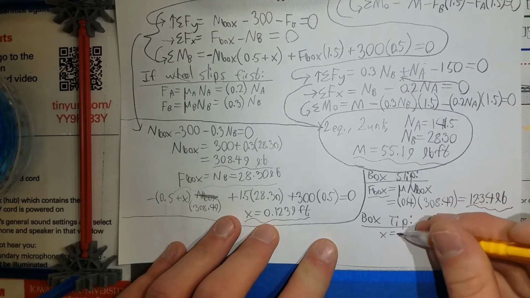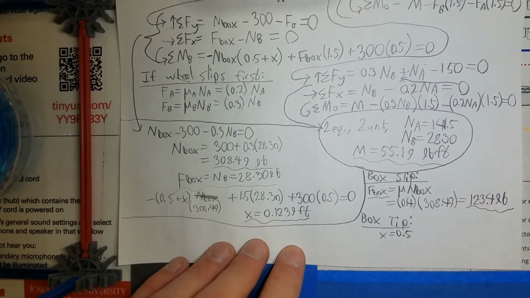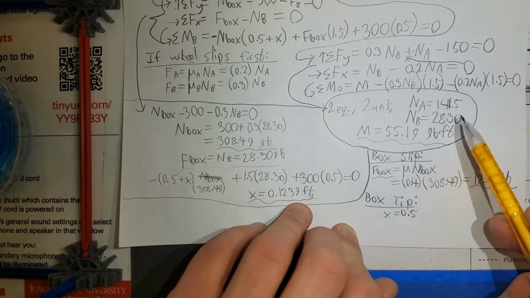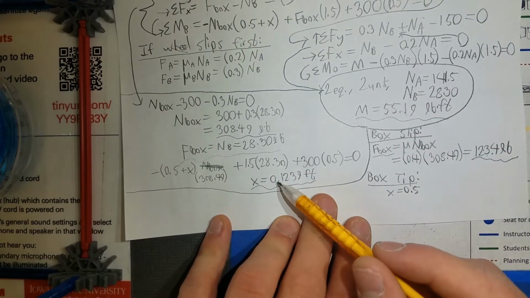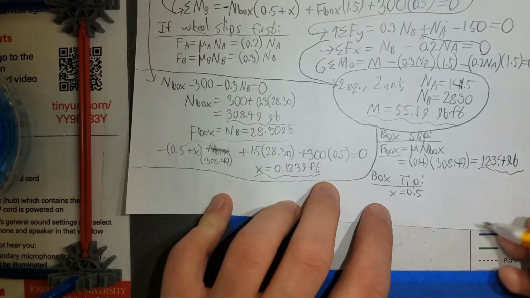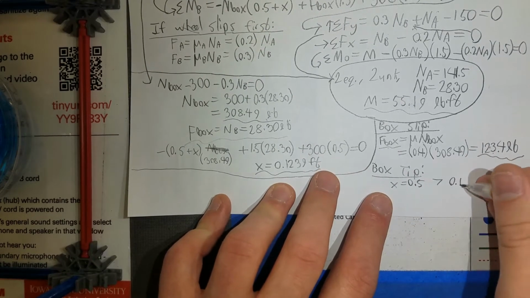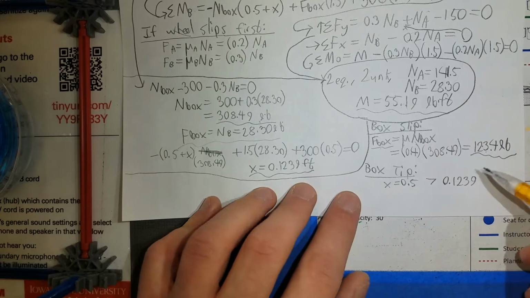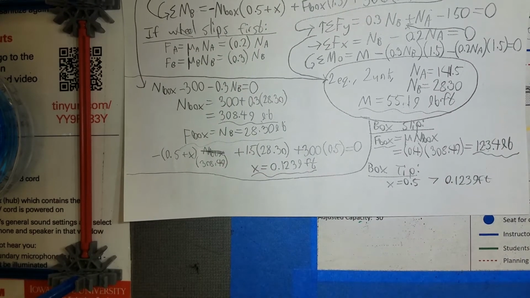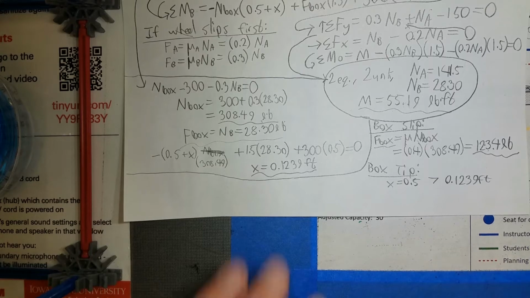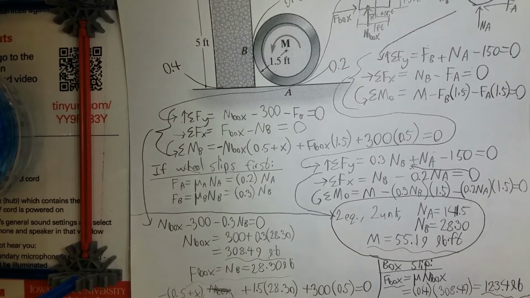Well, if we write that down, x equals 0.5, again, we found that if the wheel were to be slipping, x is going to be equal to 0.1239. And so, because 0.5 is greater than 0.1239 feet, that means that the box is not going to be tipping if the wheel's slipping first. So, hopefully that made sense.